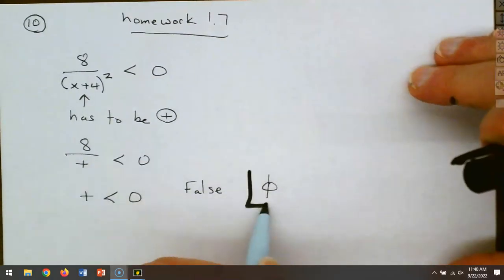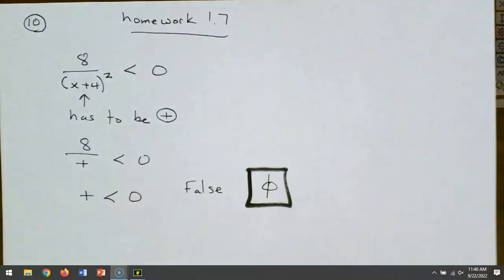So you don't have to work out question 10 because you can use some critical thinking skills. And you can understand that when you square a negative, it forces it to either be positive or 0 is still 0. Now, we're going to use this a lot in the next section when we look at absolute values. Because absolute values and squares are very, very similar to each other.